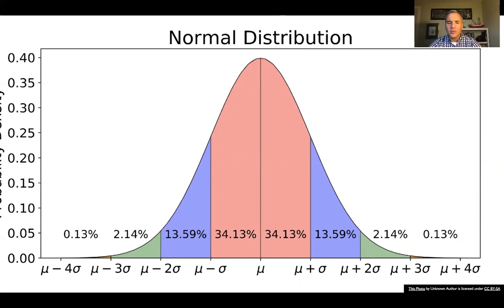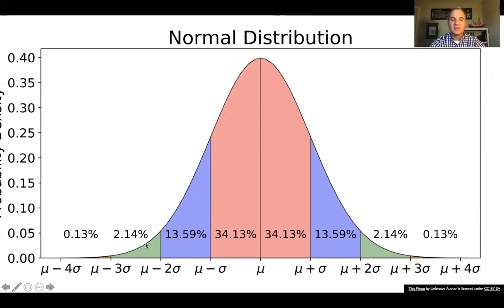If we go a little bit further, we see that about 95% of all responses are between two standard deviations above and below the mean. That's the pink and the blue sections here. And the opposite of that is also interesting. So if about 68% are between plus and minus one standard deviation, and about 95% are between plus or minus two standard deviations above and below the mean, then if that's 95%, 5% are above or below, so below -2 standard deviations, above +2 standard deviations, right?